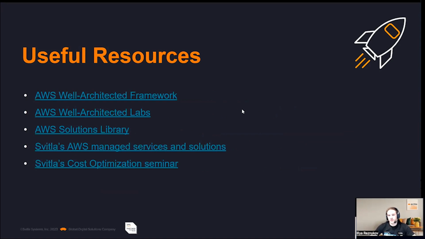There are some useful resources. First, links to AWS documentation, where you can learn more, and the last two to Svitla's AWS Managed Services and Solutions, and the cost optimization seminar, which I mentioned previously.